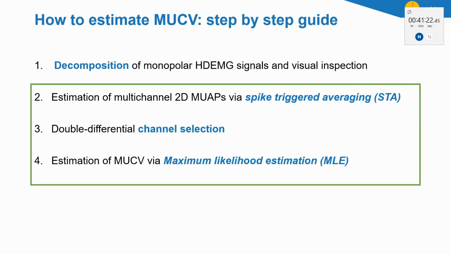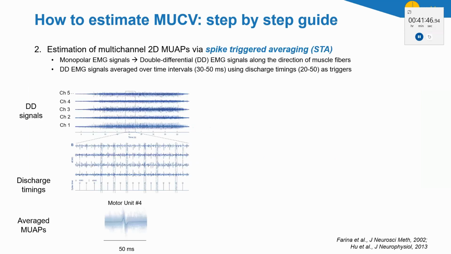The next 3 steps are estimation of multi-channel motor unit action potentials, done via STA, or spike triggered averaging; then the channel selection; and the last is the estimation itself of conduction velocity via the maximum likelihood estimation method. So now we'll cover points 2 to 4.